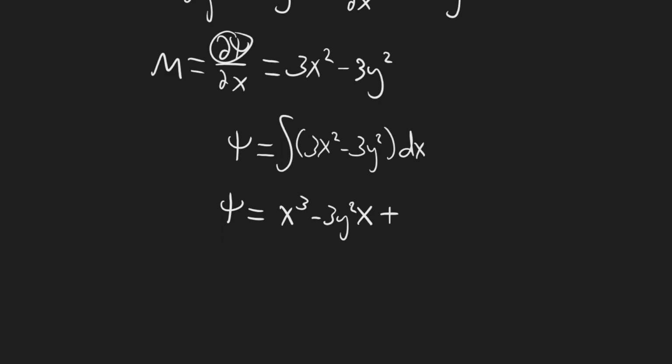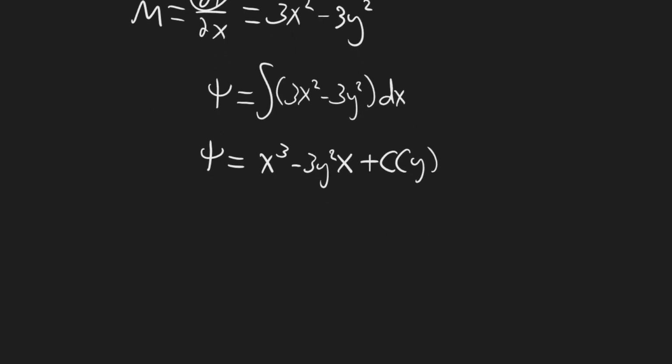And so for that reason, we need to account for the fact that there could have been any function of y. Because if we were to take the partial derivative here with respect to x, then because c of y doesn't involve any x's, anything that it involved would just go to 0. So in this case, our constant of integration is actually a function of integration. And the rest of the problem is just going to be finding what that function is.